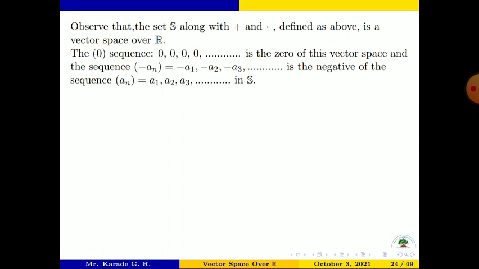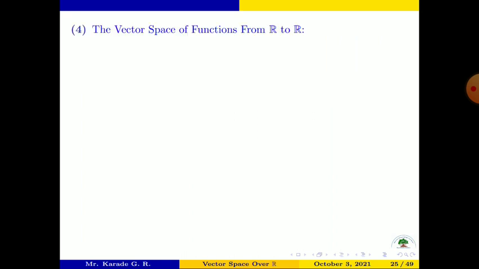So in this way we now know the zero vector and negative vector of this vector space. Negative vector means negative sequence, zero vector means zero sequence of real numbers. Now let us study the next example of a vector space, and this is the vector space of functions from R to R. Consider the set F of functions from R to R, means it is the set of all real valued functions.